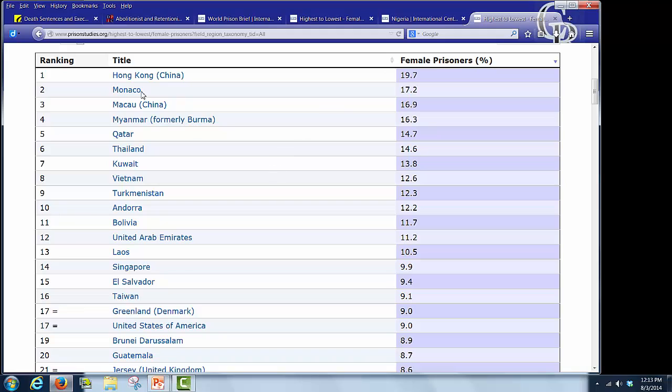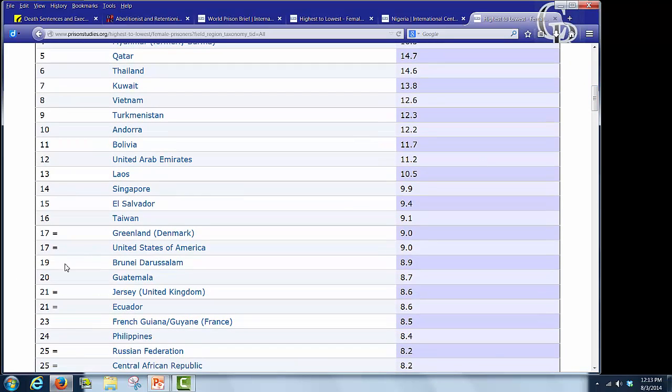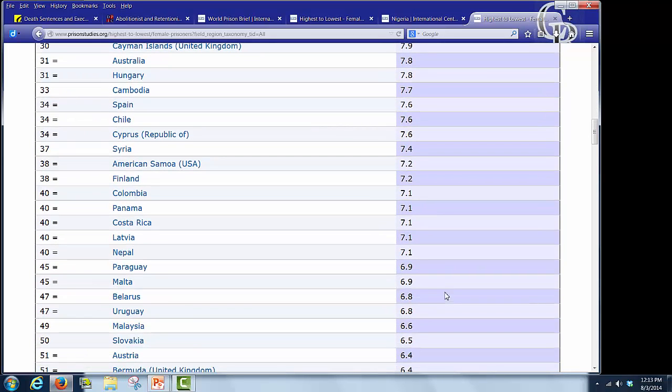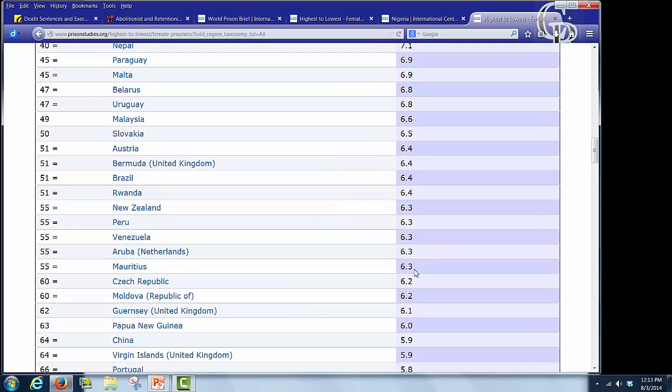And in doing that, we'll end up with a breakdown of the number, or the percentage of female prisoners in a particular country. So as you can see, Hong Kong has almost 20% of its prison population is female, compared with the United States, for example, with about 9%. And going down to, pick one here, Paraguay, about 7%.